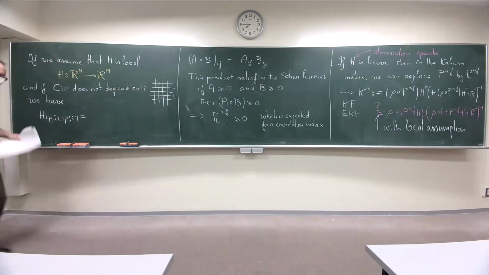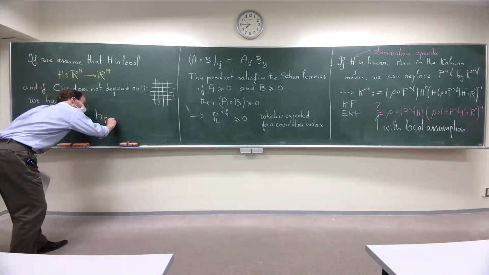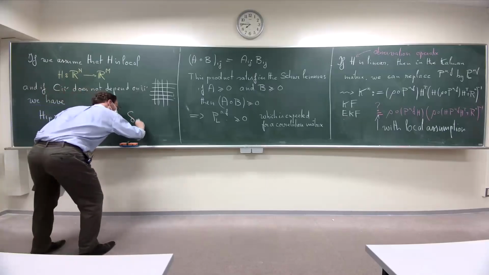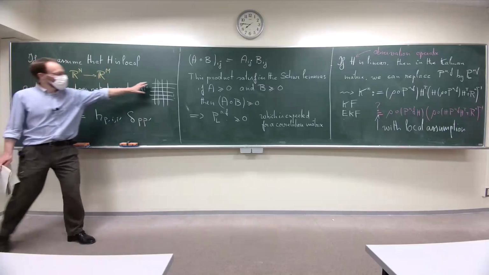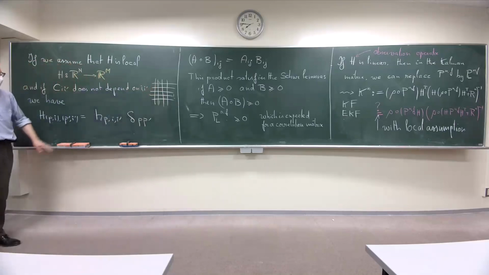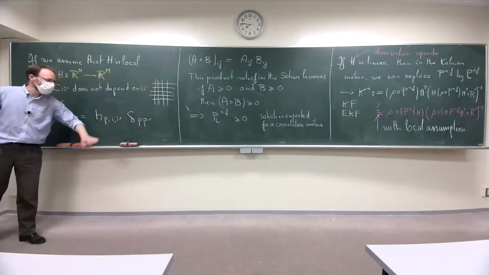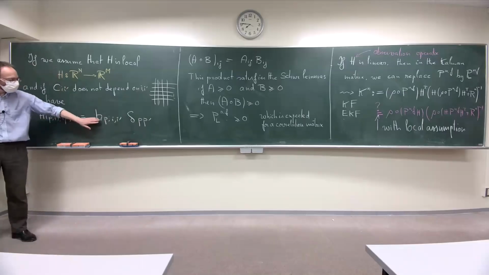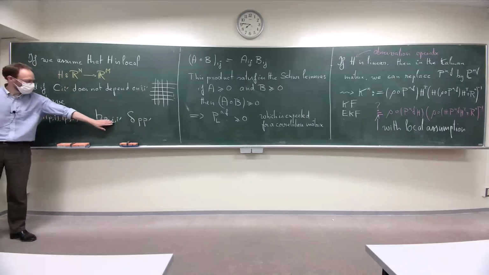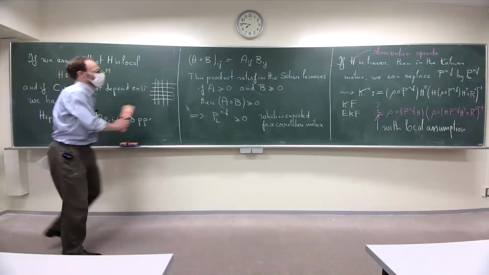If it is local, it means that this is H(p,i),(p',i') equals Kronecker delta p,p'. Look, it's a matrix. The points are indexed by p, p'. If I want it to be local, this matrix should be diagonal. Otherwise, it means it mixes the information at 2 points. So we have a Kronecker delta. It means this is 1 if p is equal to p', and it's not 1 otherwise. And this is now a number which depends only on p, i, and i'. This is the notion of locality.